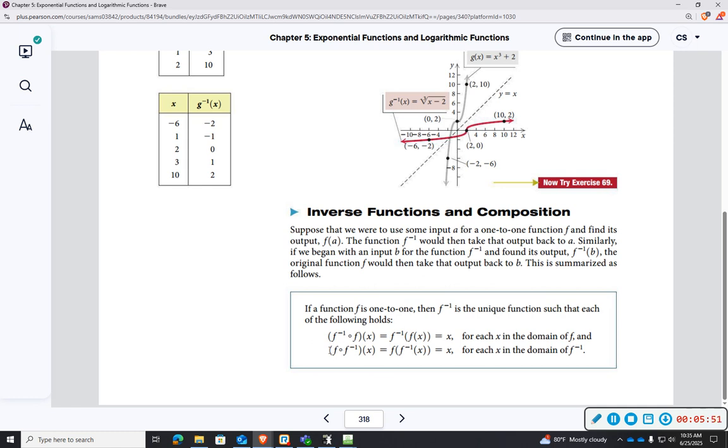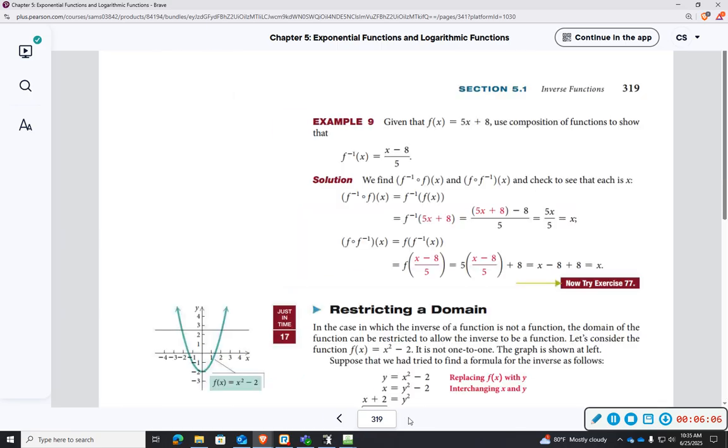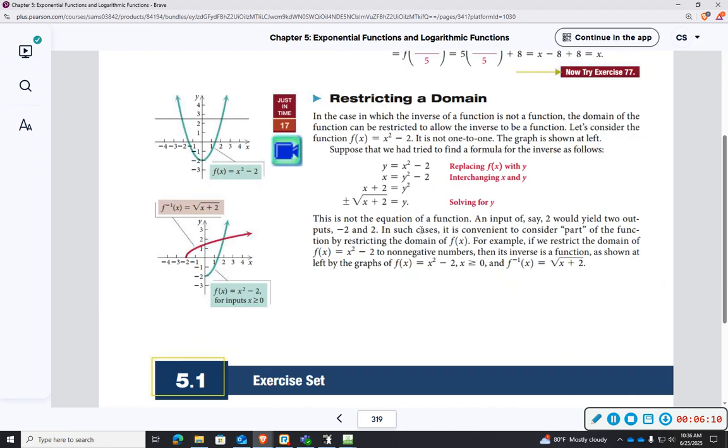Same thing if we take the original function and compose it with the inverse, we're just going to get x. And that is for each x in the domain of f, and for each x in the domain of the inverse.